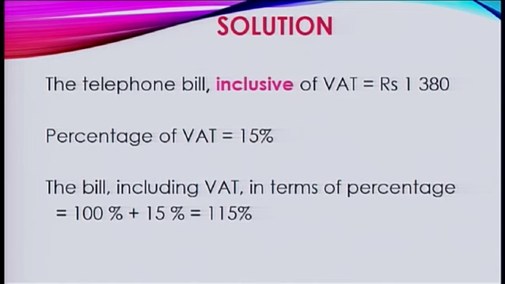The telephone bill, inclusive of VAT, is 1,380. The percentage of VAT is 15%. So, the bill including VAT in terms of percentage will be 100% plus 15%, which is 115%. How do we proceed?